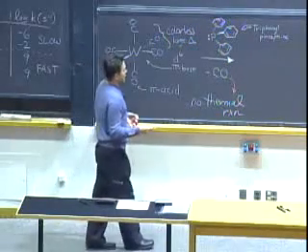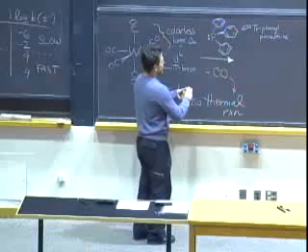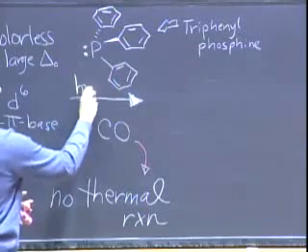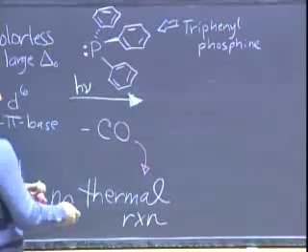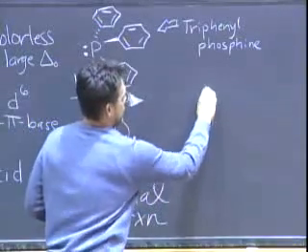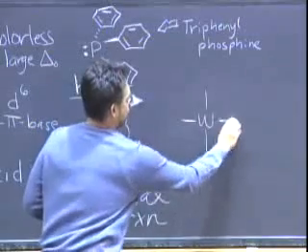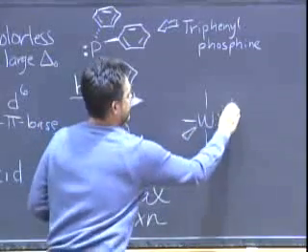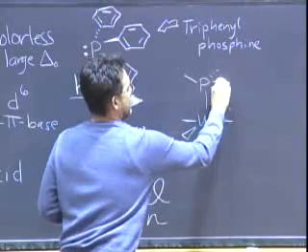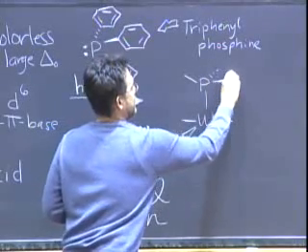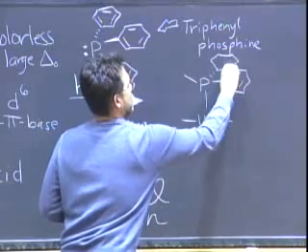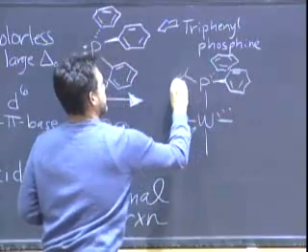But we find that if we shine UV light on the system, then the reaction takes place, and we form this desired product that has one of the carbon monoxide ligands replaced with triphenylphosphine. That would be the initial product formed in such a process.